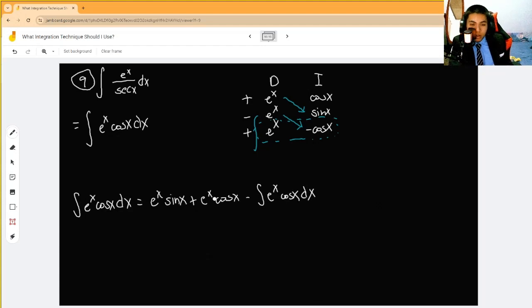Now what have we noticed? These two are the same. So what we can do is add the integral of e to the x cosine x dx on both sides.